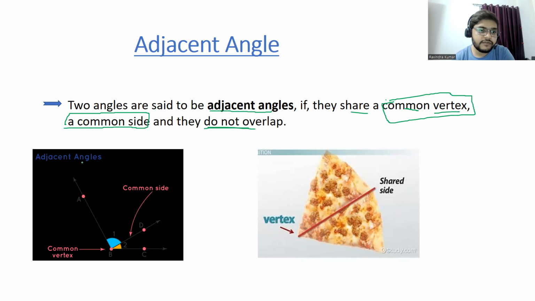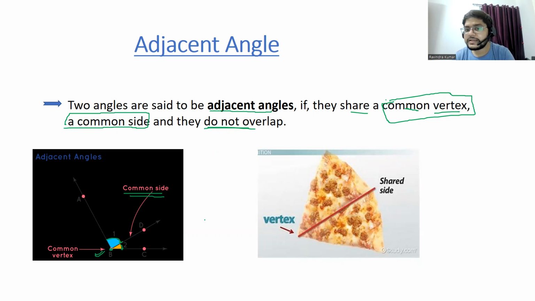Let's understand from this figure. There are rays AB and DB, or we can say BD. Here two angles form, one is 1 and the second one is 2. You can see this arm BD is a common side, and this is the common vertex because all the rays end at point B. So this is a common vertex here, B.